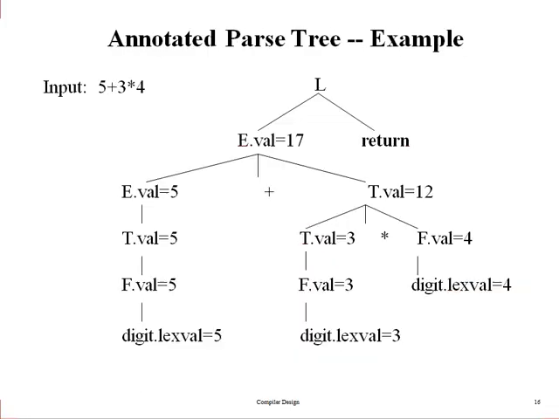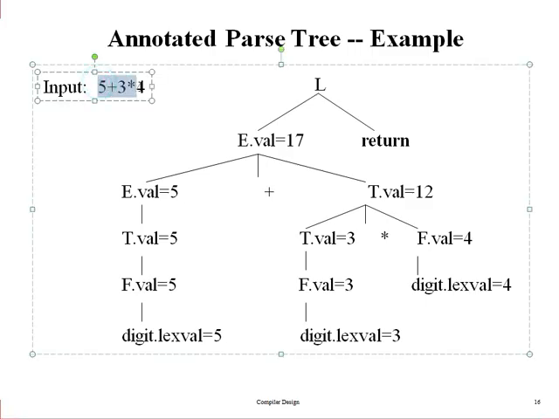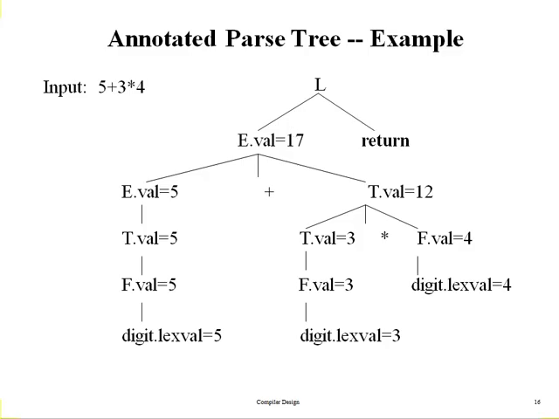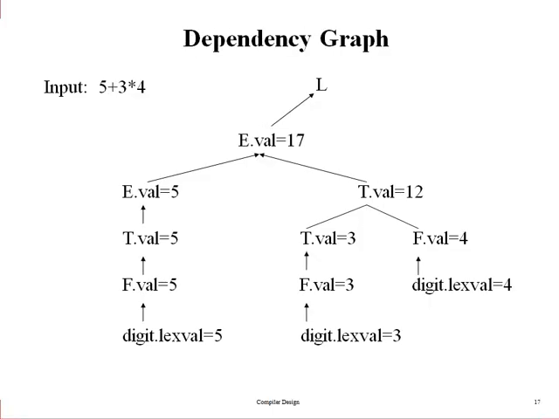You can just construct the parse tree for this expression, 5 plus 3 times 4. Just construct the parse tree, then decorate it. So this is an annotated parse tree. So construct the parse tree and annotated parse tree or decorated parse tree for the given expression.